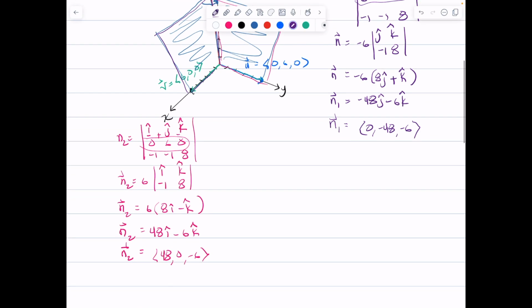And so now we're going to use the formula for the angle in between. So that formula will be cosine theta is equal to N1 dot N2 over the magnitude of N1 times the magnitude of N2.